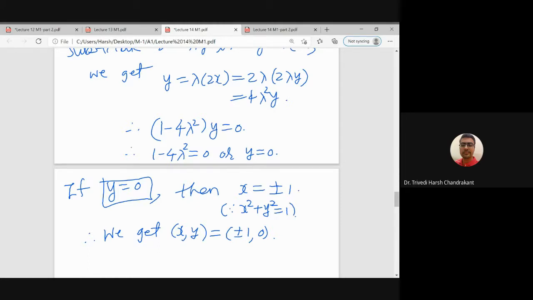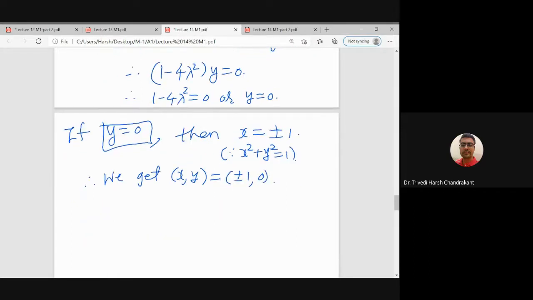Now the second case is 1 minus 4 lambda square is 0. So that is 4 lambda square is 1.